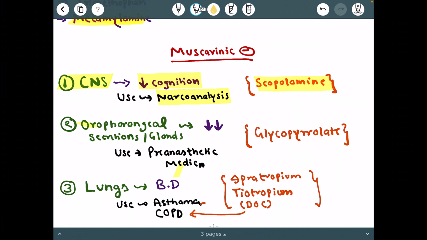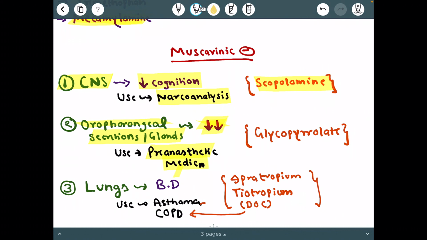Then in oropharyngeal secretions or glands, the muscarinic blockers cause decreased secretion. Due to this there is decreased secretion of saliva and various other secretions in the esophagus as well as the pharynx. So it is used as a pre-anesthetic medication. We know in anesthesia the ciliary function is gone. So to prevent aspiration in the lung, we give the muscarinic blocker.